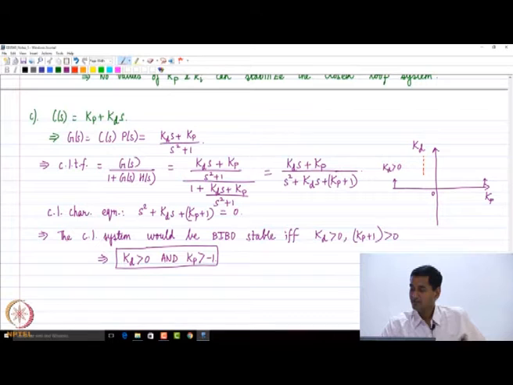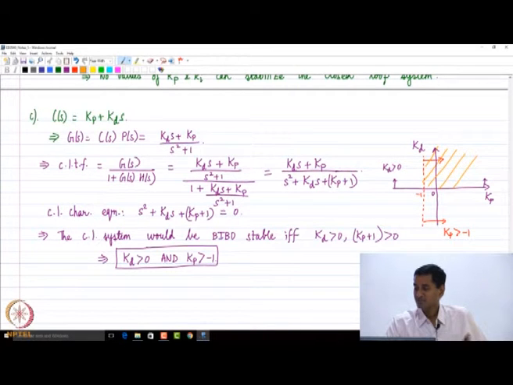First I draw Kp equals minus 1, and any region to the right of it is Kp greater than minus 1. Consequently the feasible region is the intersection of the two regions. This is the feasible region. This is what I called the controller parameter space. If I ask you to calculate the feasible region in the controller parameter space, this is what you need to do.